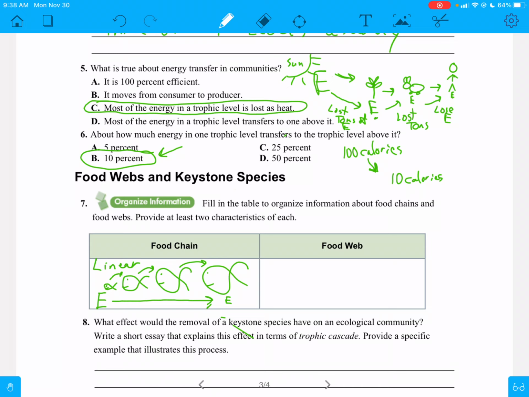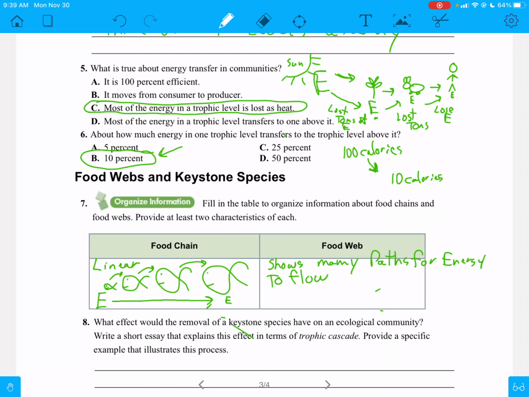So super wasteful, right? Pretty crazy. Now a food web shows many paths for energy to flow. So this one can be going in lots of different directions.